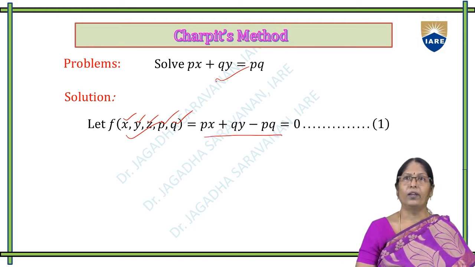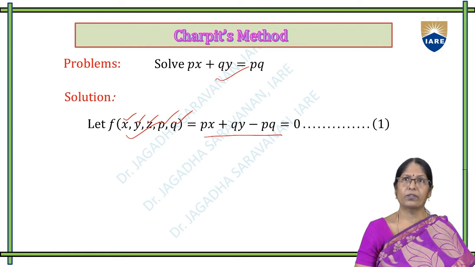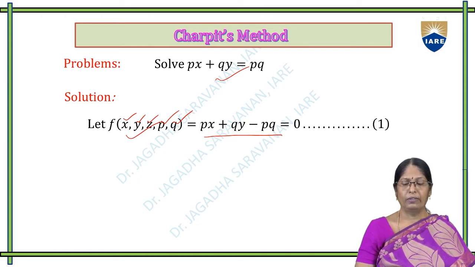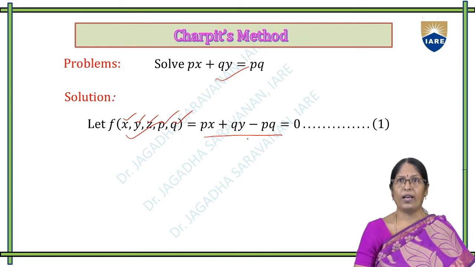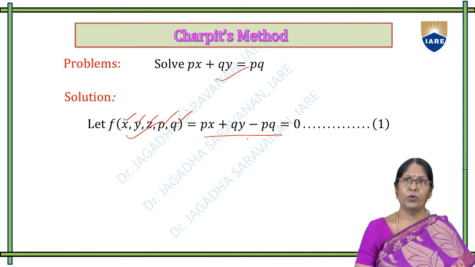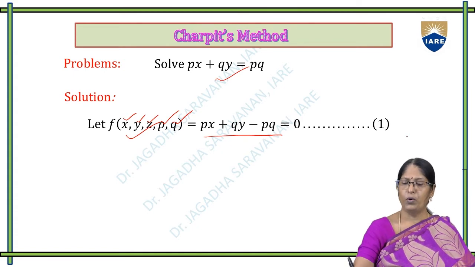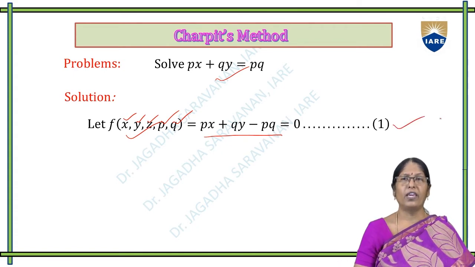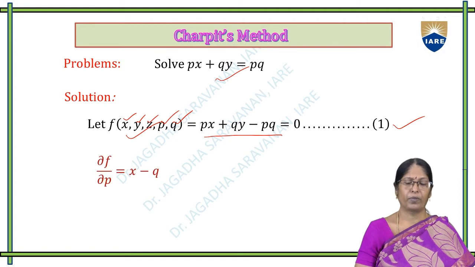What is given in the question, px + qy = pq, we have written as px + qy − pq = 0. We named it equation 1.